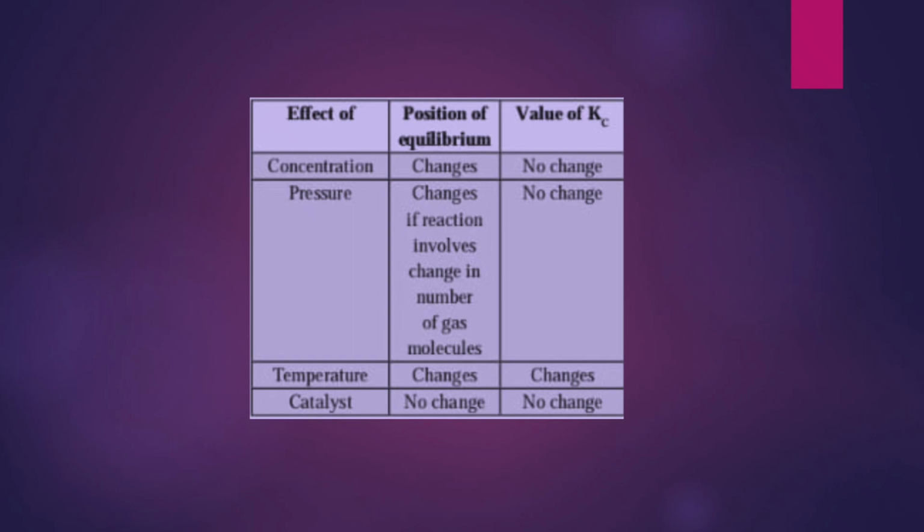With the effect of pressure, the position of equilibrium changes if the reaction involves a change in the number of gas molecules, and the value of Kc will not change. So no change in the value of Kc.